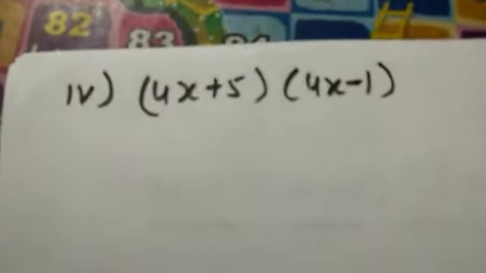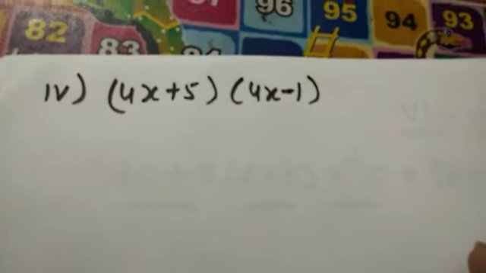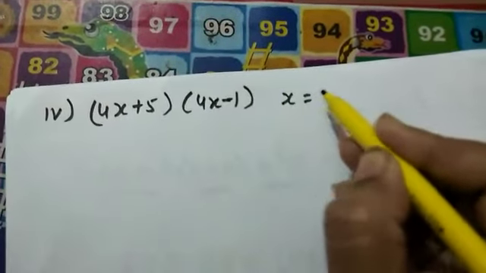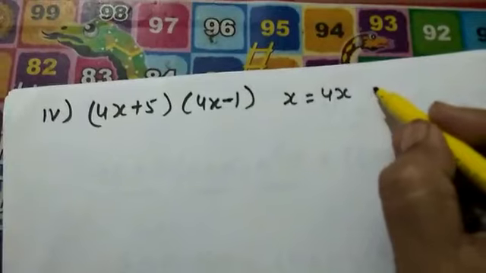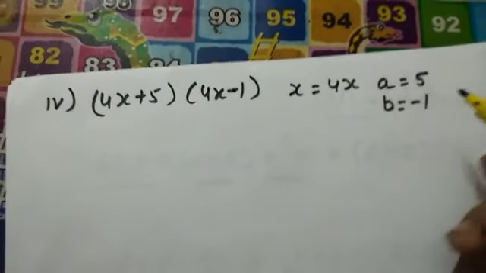Now I am taking its fourth part, (4x + 5)(4x − 1). Here one positive and one negative sign is there. So value of x we have 4x, value of a is 5, and b is −1.